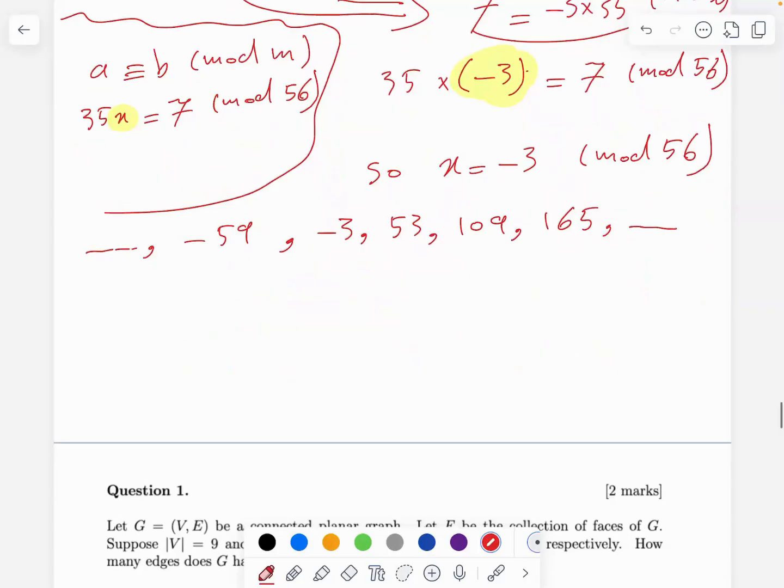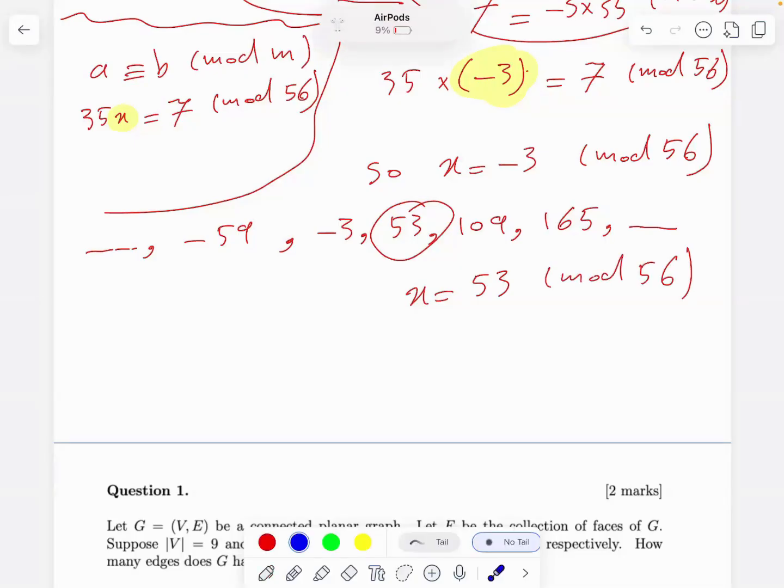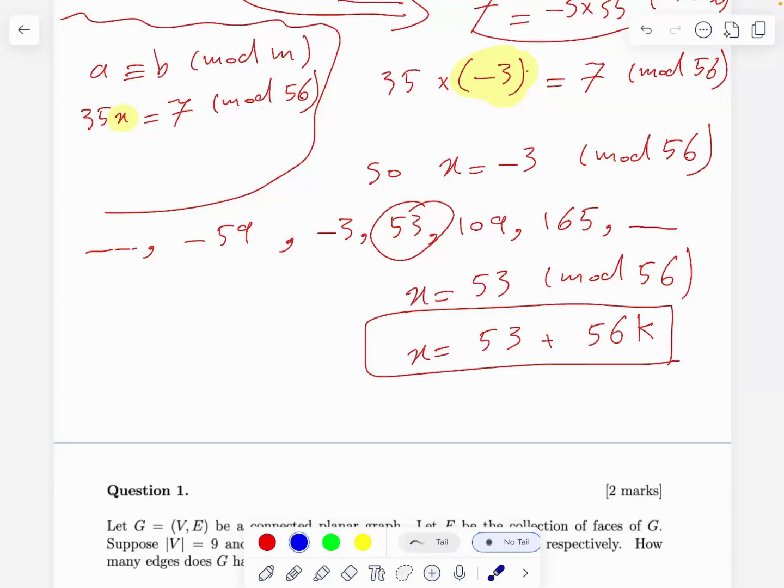I prefer to use the smallest positive number, so x can also be written as 53 mod 56. It is the same as writing x equals minus 3, or x equals 53 plus 56k, which is the same answer. So you don't have one unique solution; there are several answers.